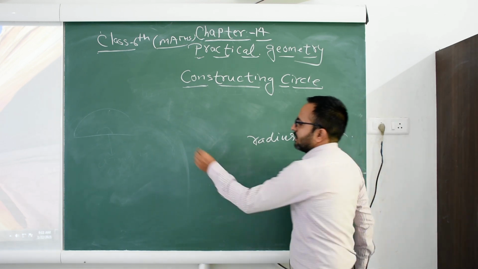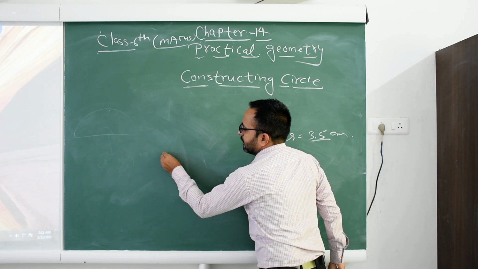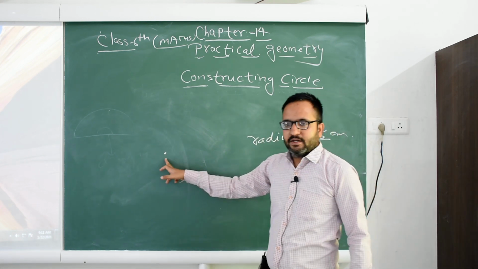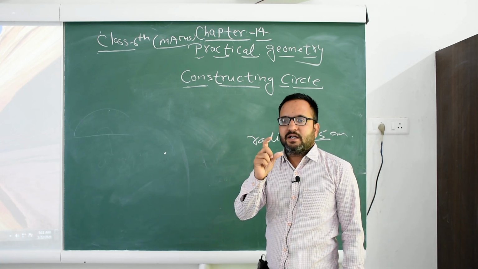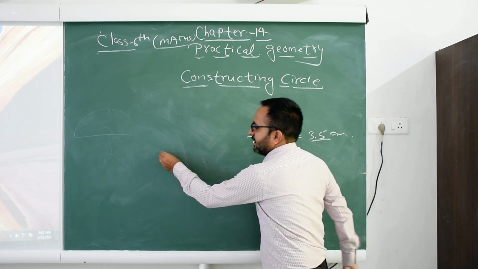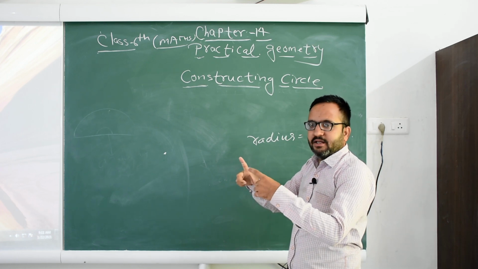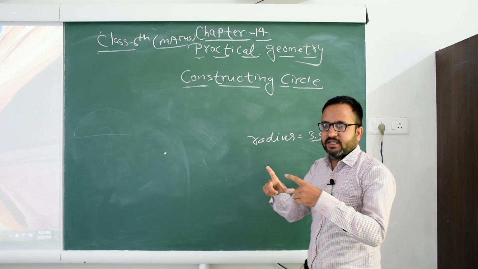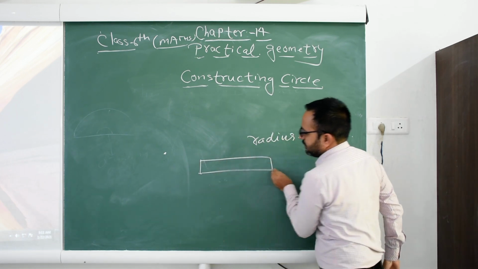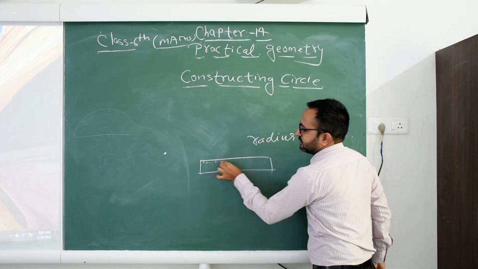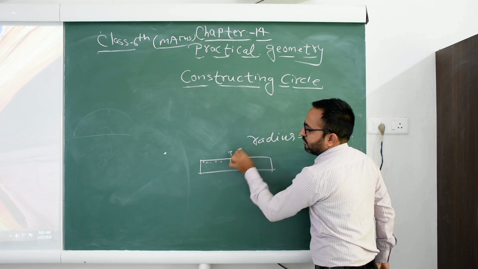First we put a point. Draw any point and put one part of the compass here, and measure the radius with the help of the ruler. Suppose this is a ruler and this is your point 3.5.